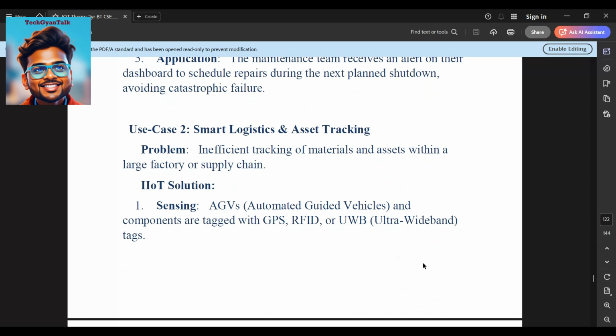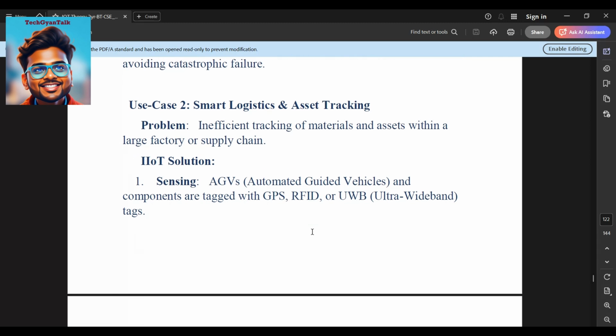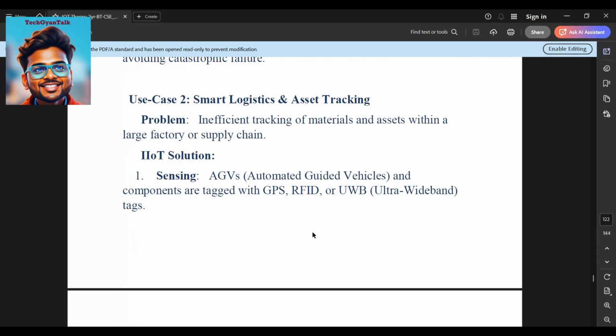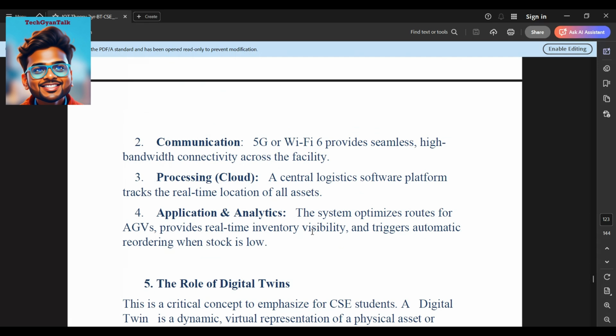In this, the problem is inefficient tracking of materials and assets within a large factory or supply chain. IIoT solution, sensing: AGVs, automated guided vehicles, and components are tagged with GPS, RFID, or UWB, ultra-wideband tags. Communication: 5G or Wi-Fi 6 provides seamless high-bandwidth connectivity across the facility.